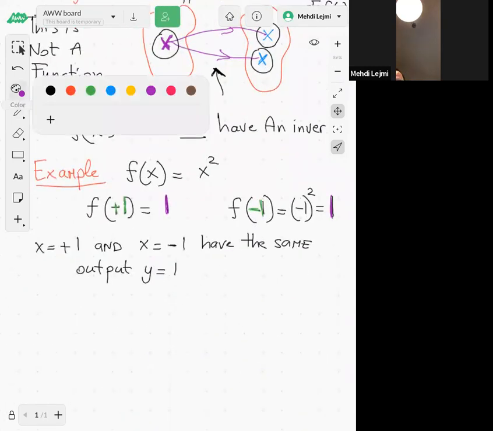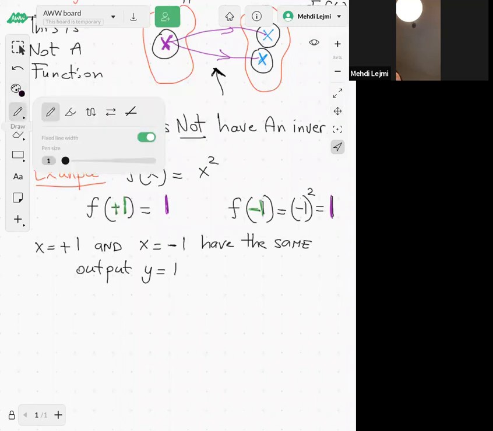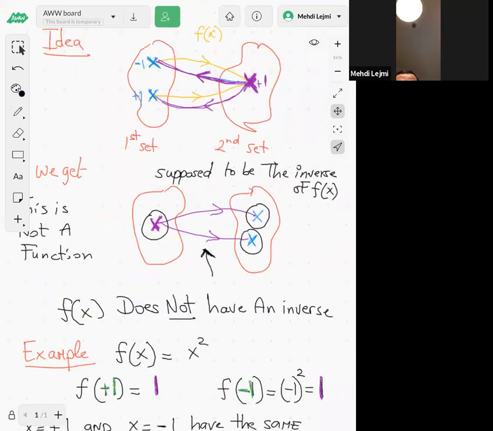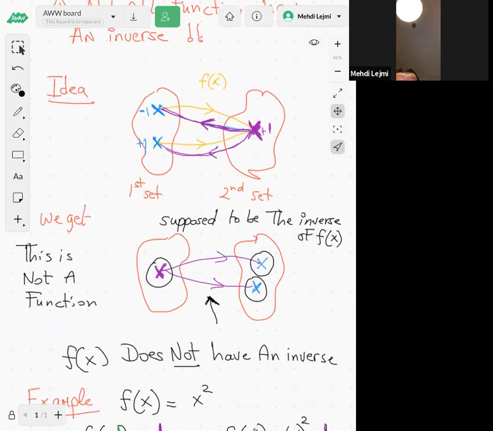Now, can we find the inverse? So the question is, does f of x, this x squared, have an inverse? Having an inverse means that I can reverse the arrows, and I still get a function, right?